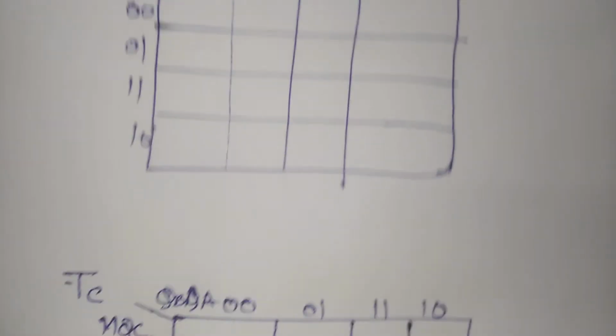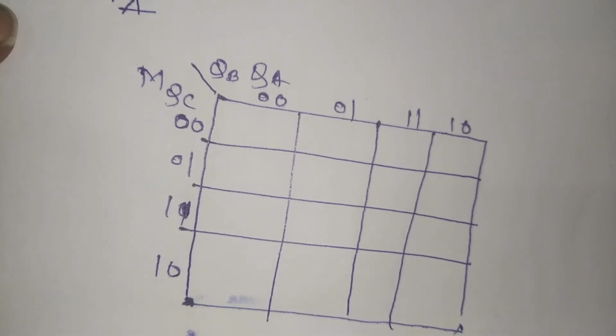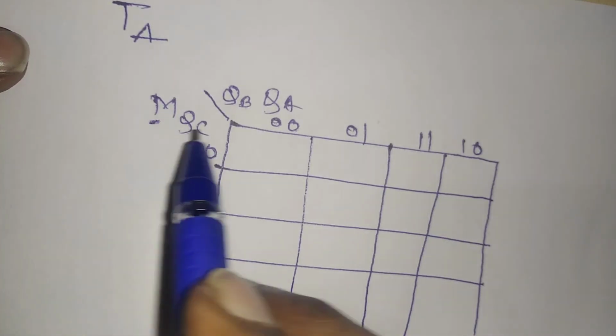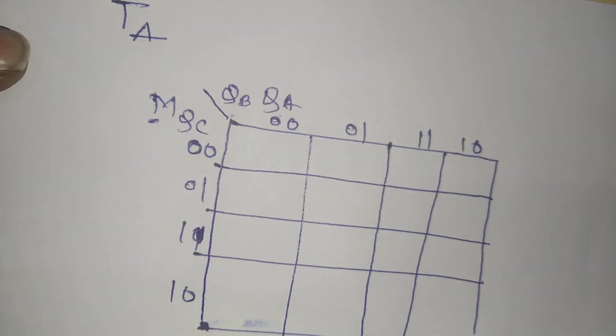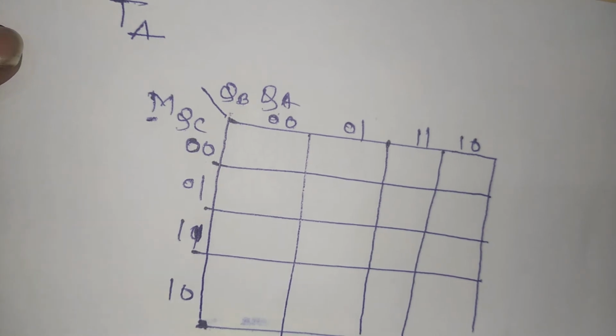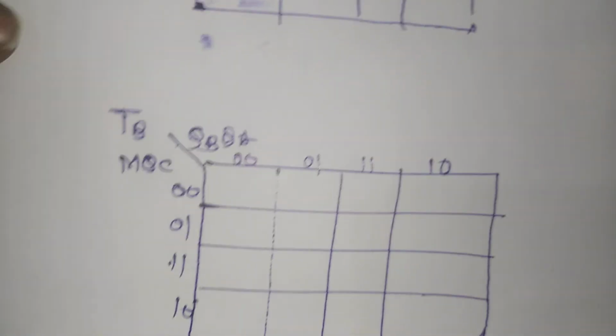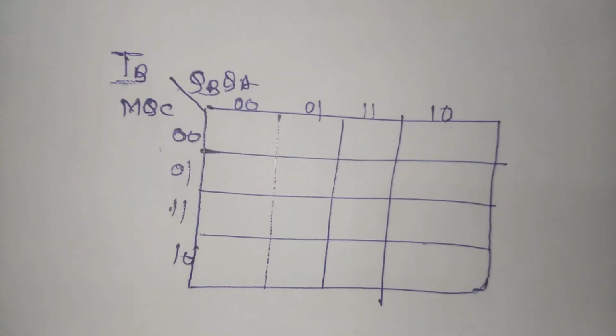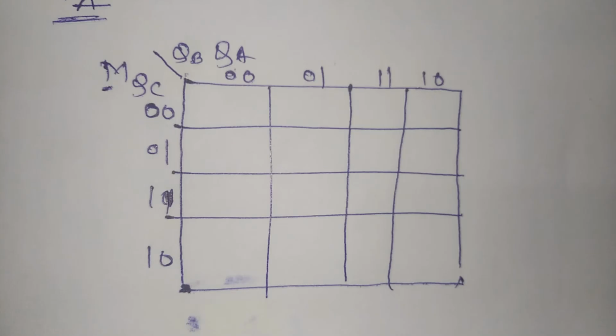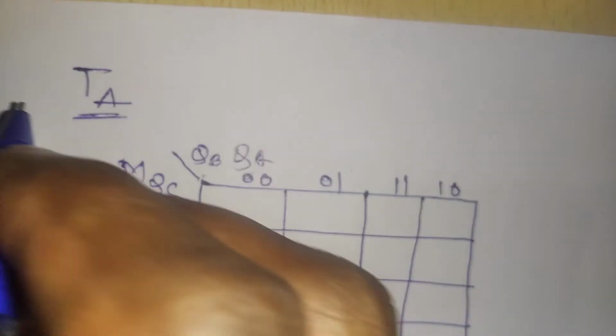Okay, so you can see here we have inputs M, QC, QB and QA, and we have to find the equation for TA, TB and TC. So these are K-maps for TA.